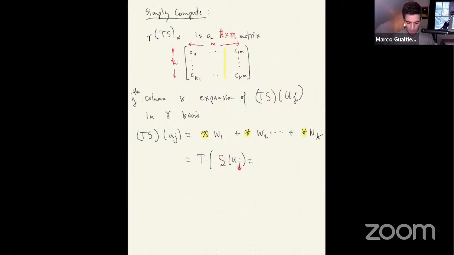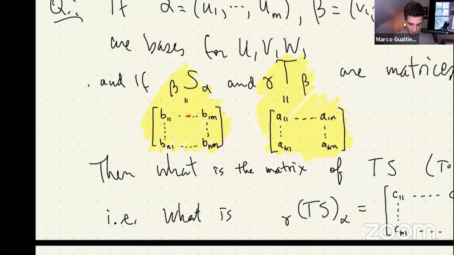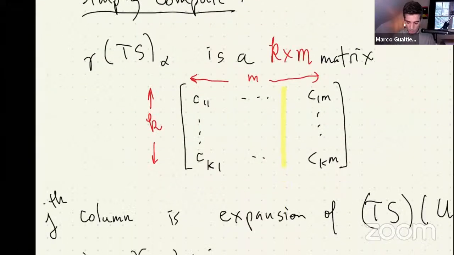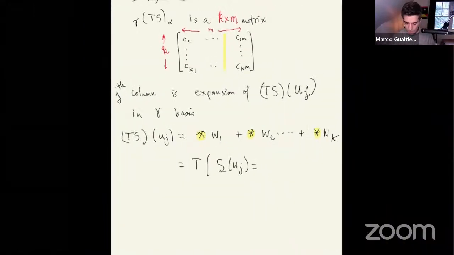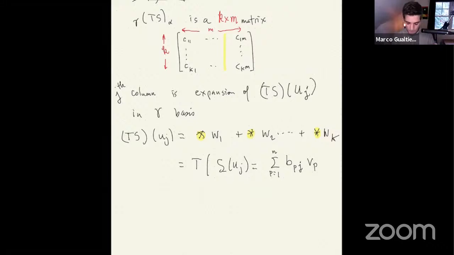So what is S of uj? Well, S of uj is going to be the jth column of this. So this will be the sum of B, let me use an index P, Bpj Vp, and this will go from P equals 1 to N, because I have N basis elements for the V's.